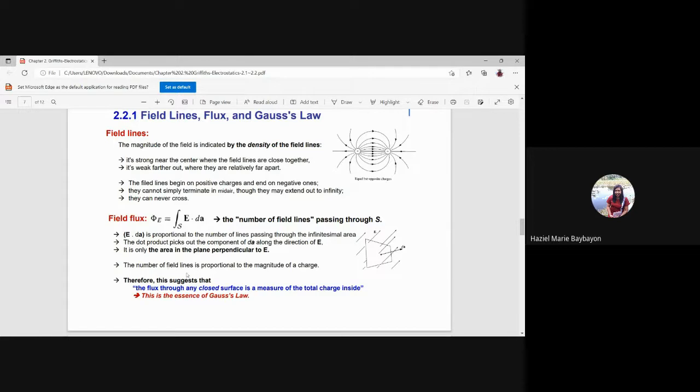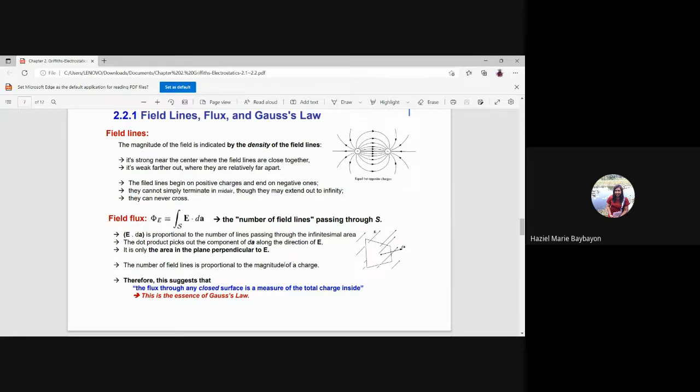Now, the number of field lines is proportional to the magnitude of the charge. Okay, so it depends on the magnitude of your charge. So, for example, you have a charge Q, and then you add another charge 2Q.